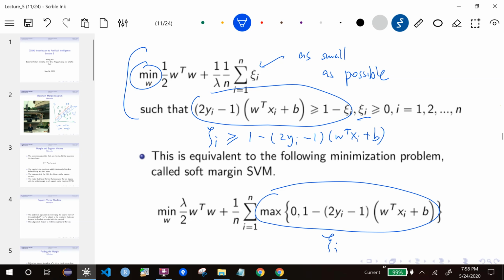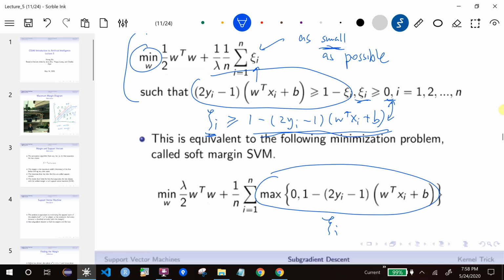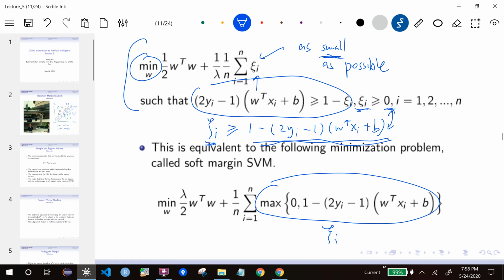If you want to see this purely mathematically, the constraints are that this variable is larger than one thing and larger than another thing. So you want the smallest psi i that's larger than both of these. What number should you use? Of course, you are going to use the maximum of these two, whichever is larger, and that will be as small as possible when we put it back into the sum. So using this logic, psi i is equal to the maximum of these two.